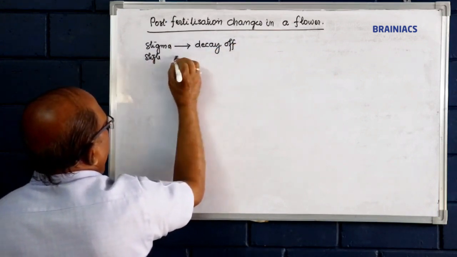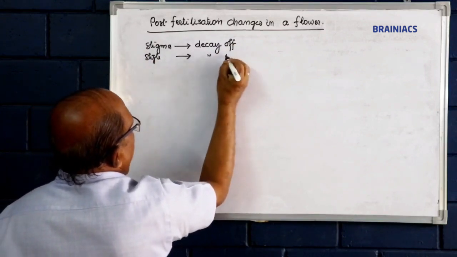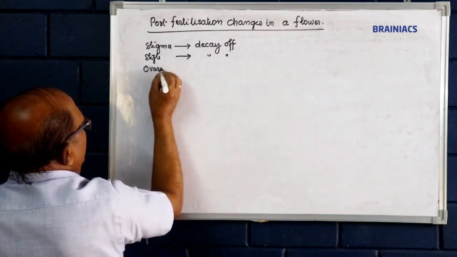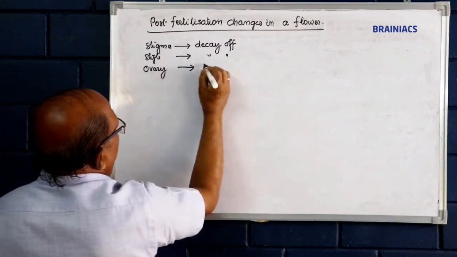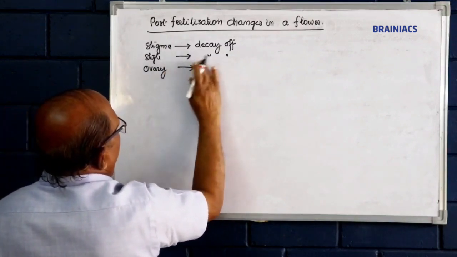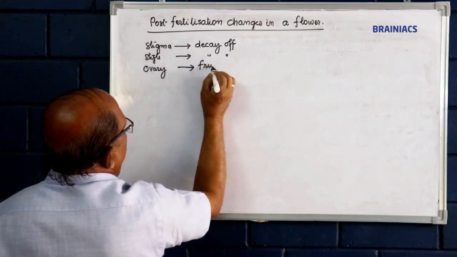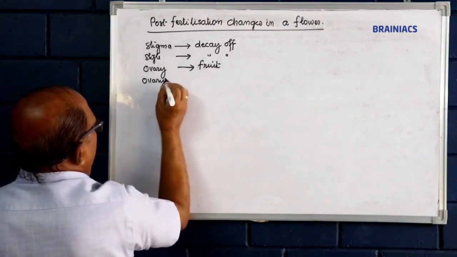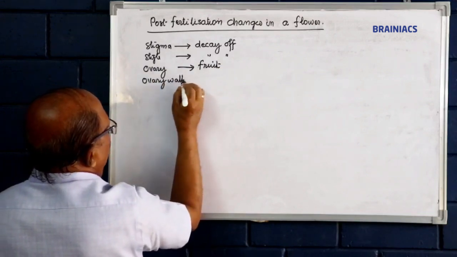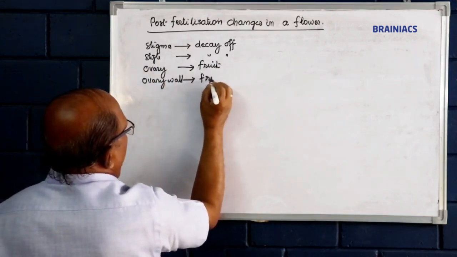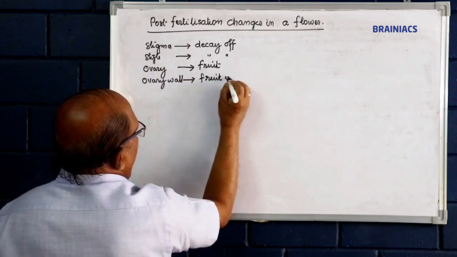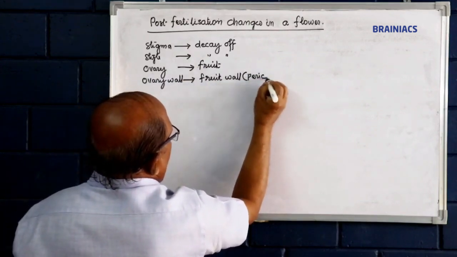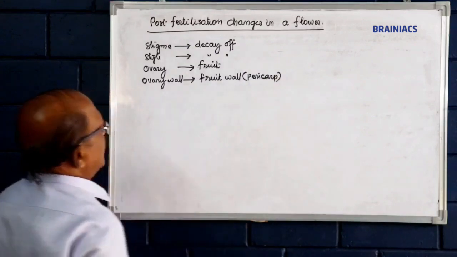Style: decay off. Ovary becomes fruit. Ovary wall becomes fruit wall, or pericarp.